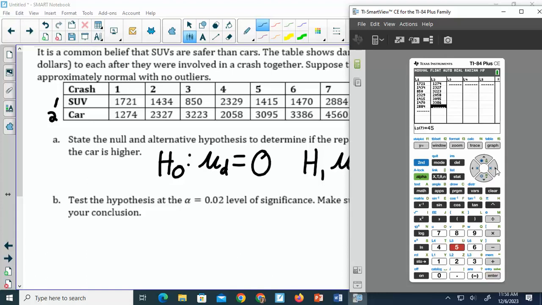And then what did we have to do if we're dealing with matched pairs? Put it in the L3 difference. So we went over to L3 and we set that to be L1 minus L2.